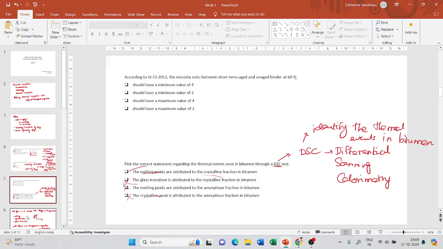Now moving on to the next question. According to IS 73, the viscosity ratio between short-term aged and unaged binder at 60 degrees Celsius.